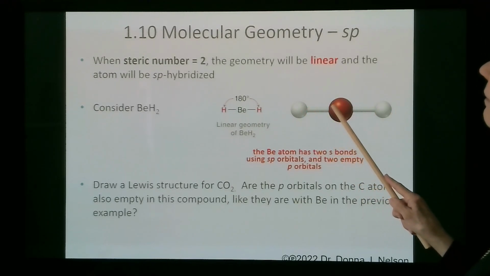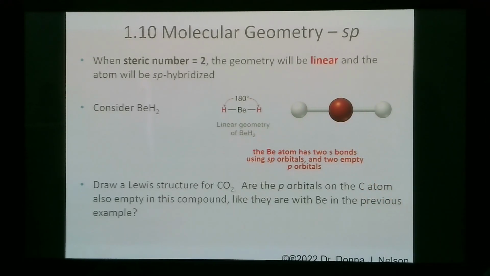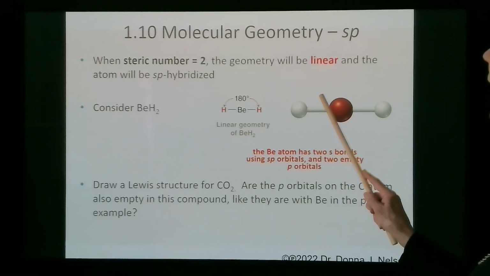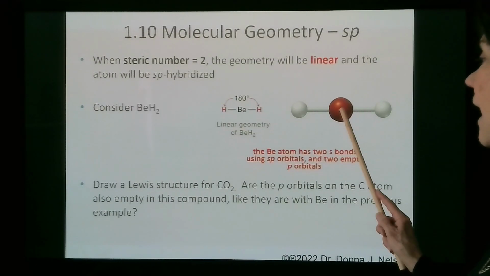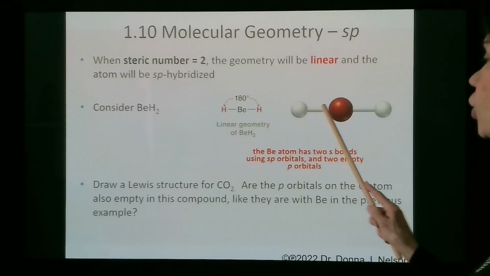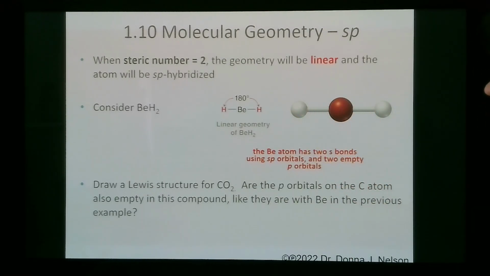And so the electron pairs will move as far away from each other as possible, and so the angle will be 180 degrees. The hybridization to achieve this linear geometry of the atoms is sp.